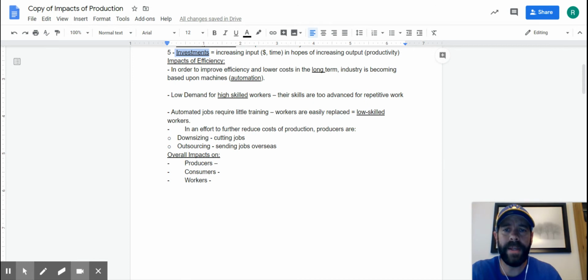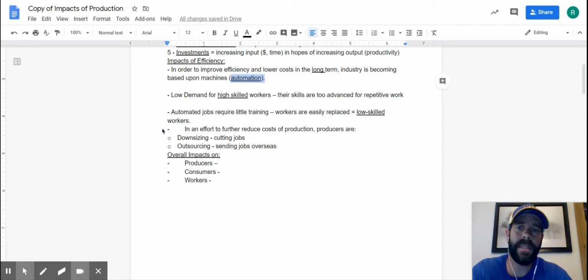As a result of these methods, any investment you make, you're not looking at the short-term benefits, you're looking at the long-term benefits. And what producers have seen over time is that it makes sense to automate their production. It makes sense to rely upon technology, upon machinery, seeing as that is more efficient long-term.